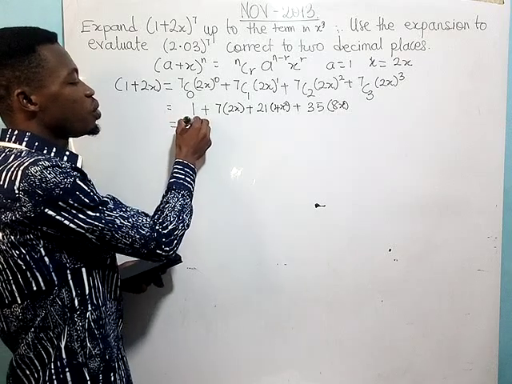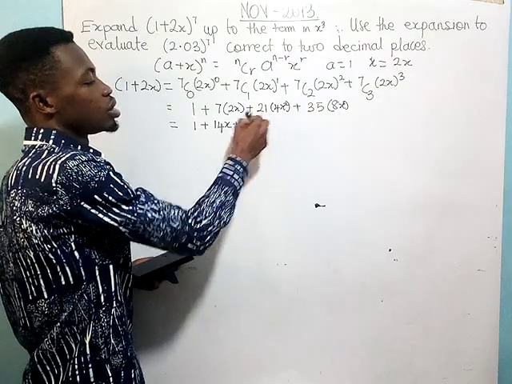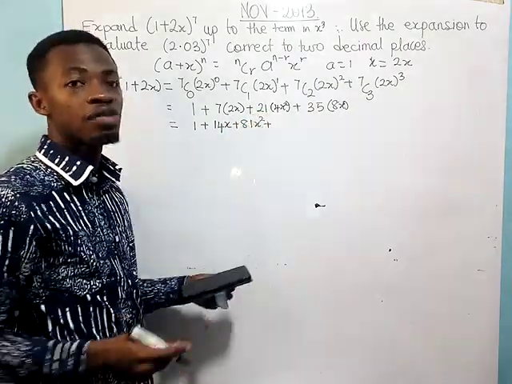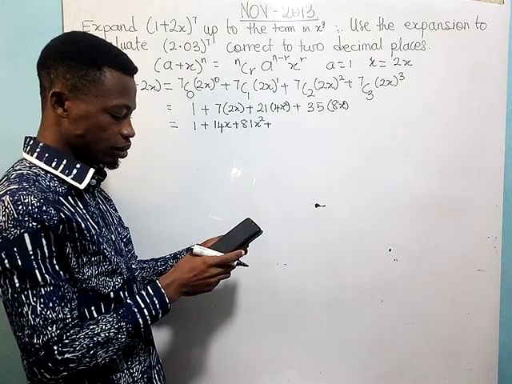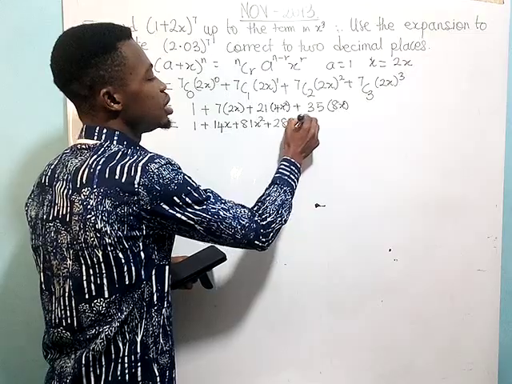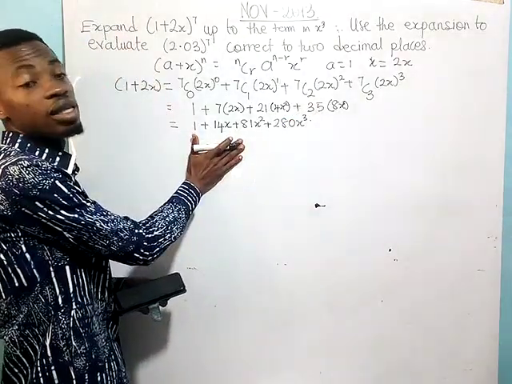Now when we simplify, we obtain 1 plus 14x plus 84x squared. 35 times 8 will give us 280x cubed. So this is the first part of the question.